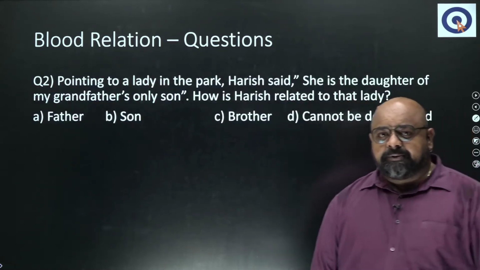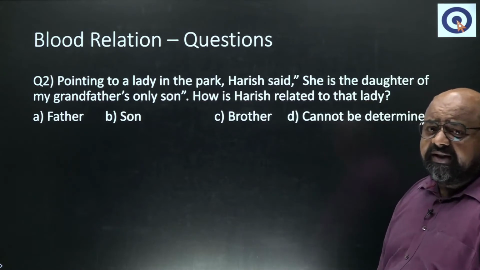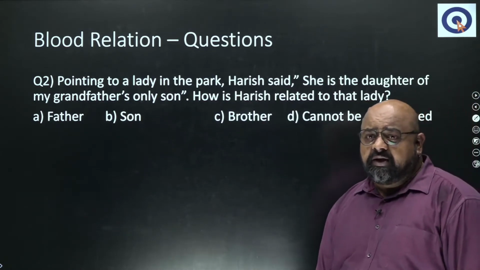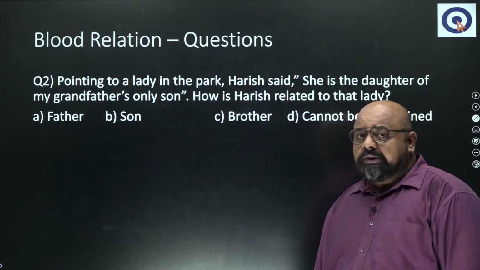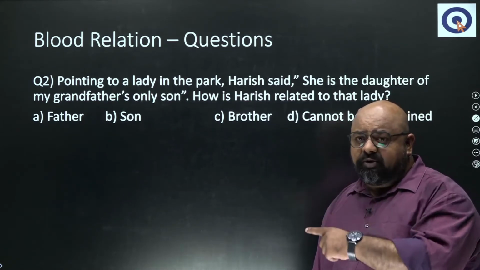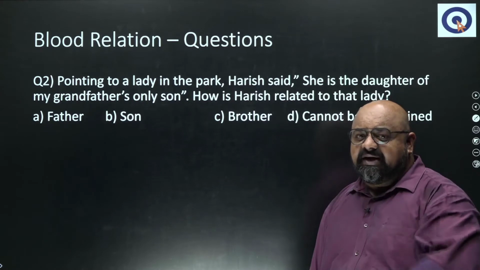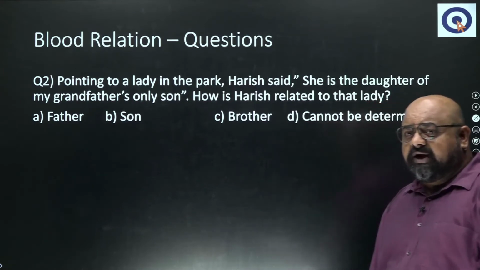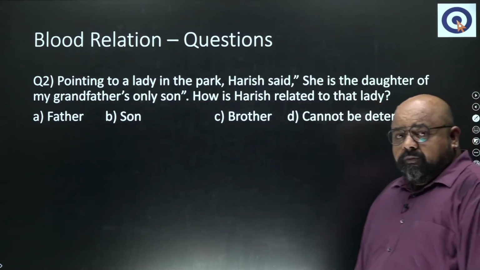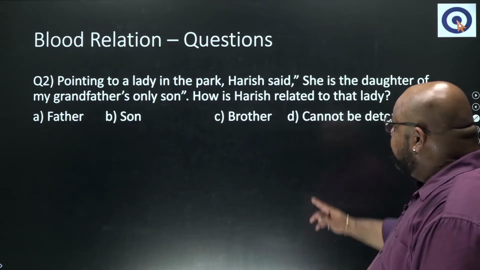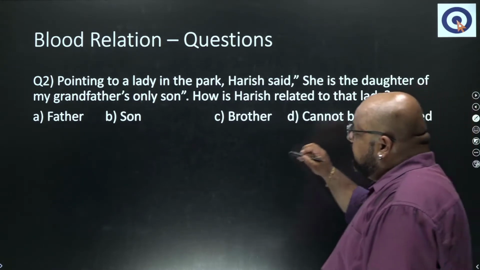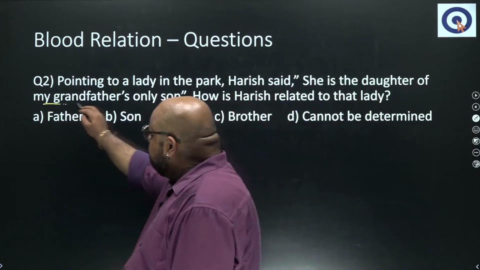Second question, for example, pointing to a lady in the park, Harish said, she is the daughter of my grandfather's only son. So Harish is talking about the lady and she in the statement is that lady. How is Harish related to that lady? Again, let us draw the family tree. So Harish is talking about the lady and says, my grandfather's only son.